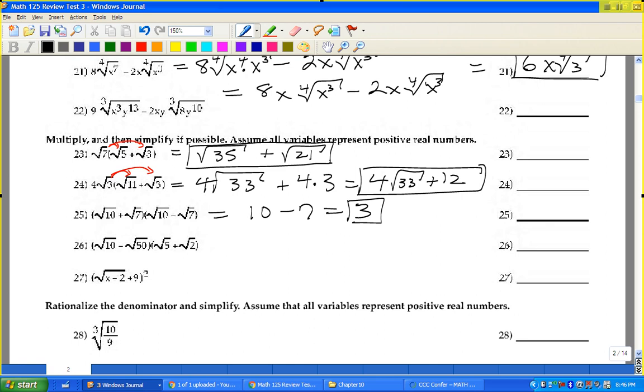Let me multiply this out. The cross terms actually will cancel, and so I have here, let's multiply these. Oops. I showed it up on the wrong one. And so let's multiply these.